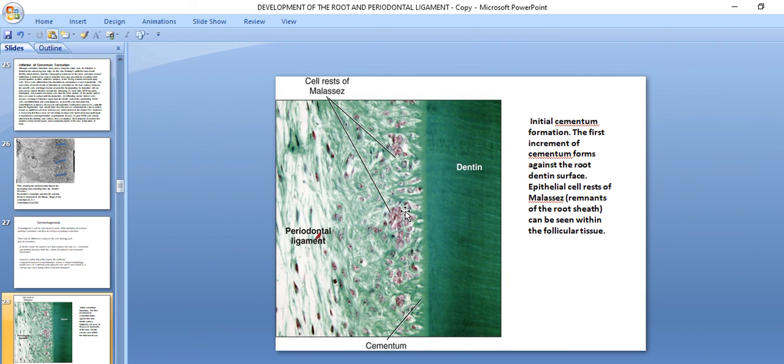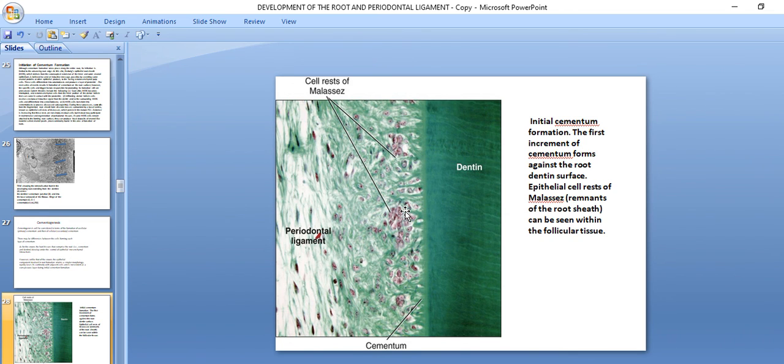At any rate, deposition of cementum onto this dentin surface starts as soon as freshly formed surfaces of root dentin are freed from their covering with the Hertwig's epithelial root sheath.